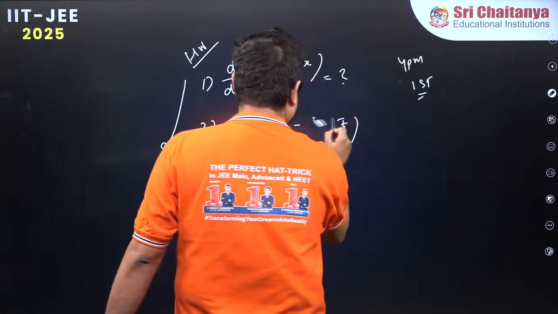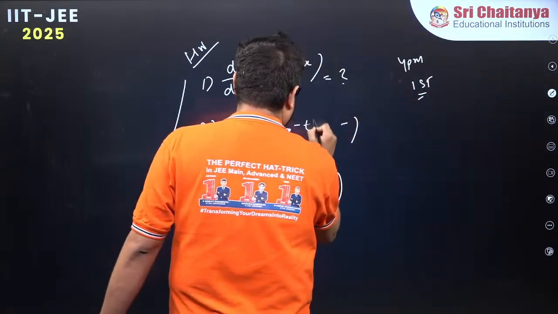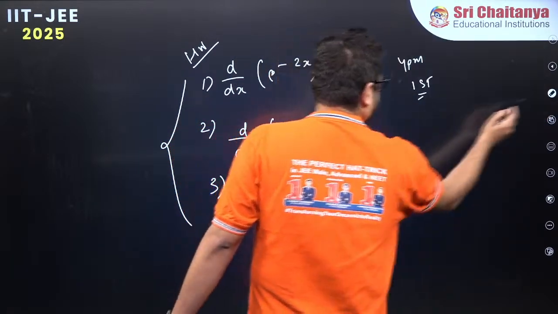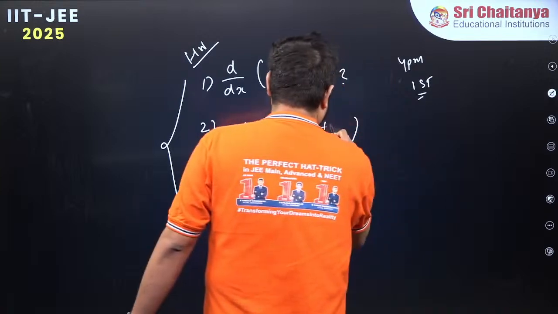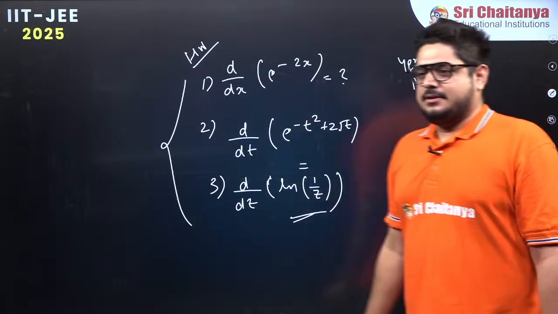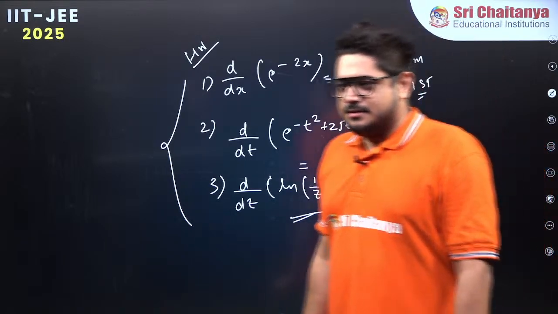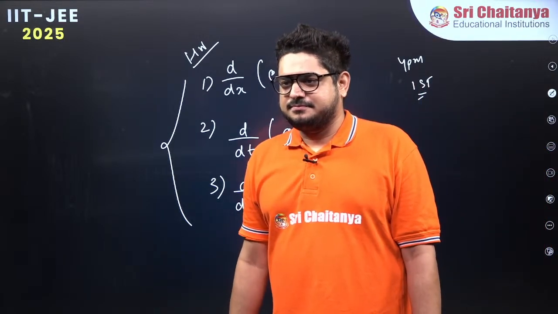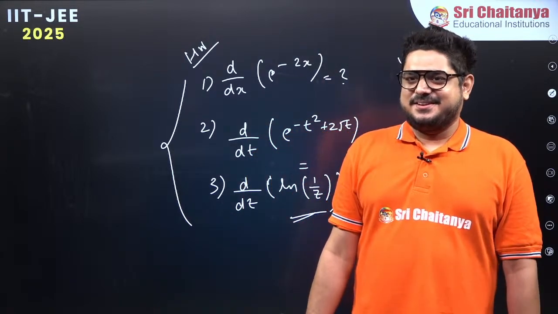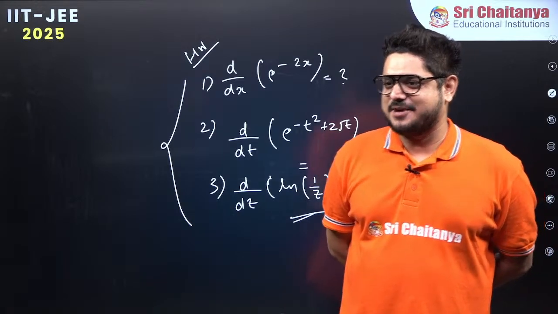The second question is e to the power minus t square plus 2 square root of t. Okay, this is the second question to you. Definitely, if you are going to be asking me, I can explain you in Hindi as well.